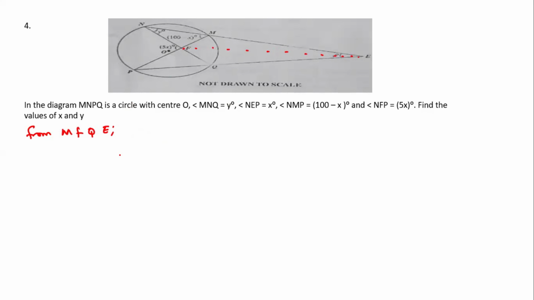So therefore, it simply means that your angle MFQ is also equal to your angle NFP, which is 5x. And what's the reason? The reason is vertically opposite angles.